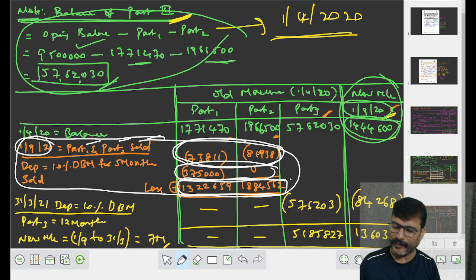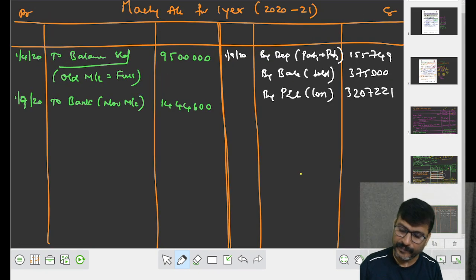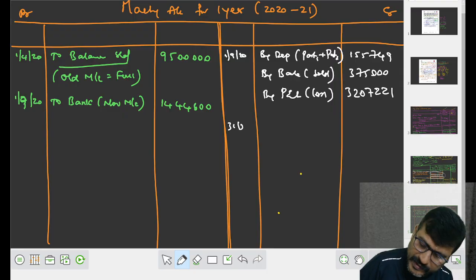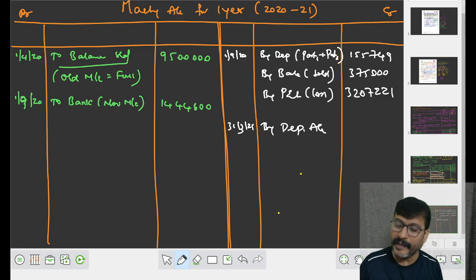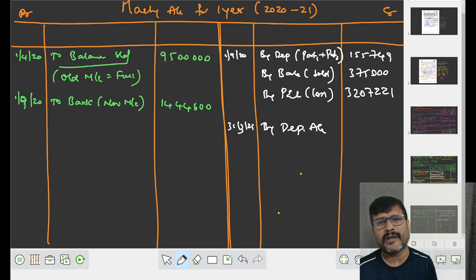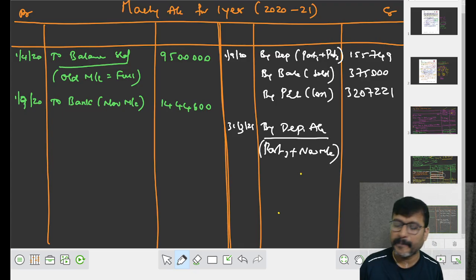All these things have been taken. Then what is left out? You have calculated depreciation on March 21. On 31st March 21, by depreciation account. Here depreciation is to be taken on what? Here the depreciation is part 3 plus new machinery.